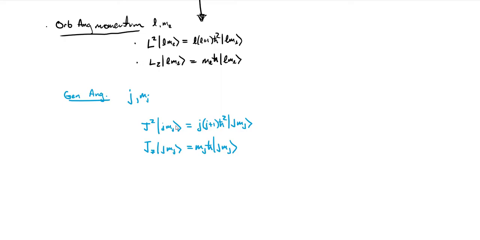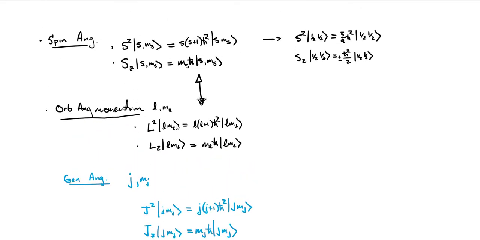Right. And another thing we noticed going through these, or hopefully we noticed, is that for a given set of S and MS or L and ML quantum numbers, for a given angular momentum quantum number, the magnetic quantum numbers could take values from negative L in integer steps all the way up through positive L, right?